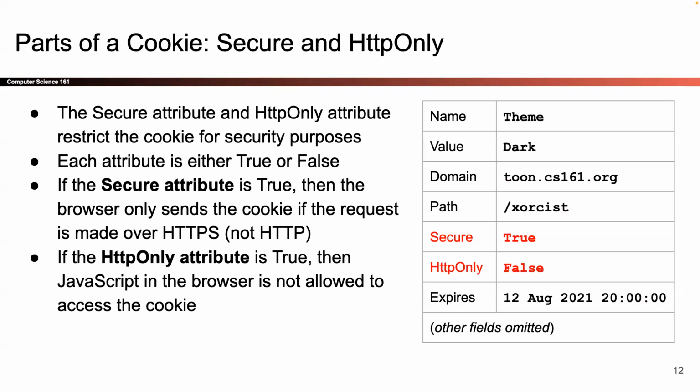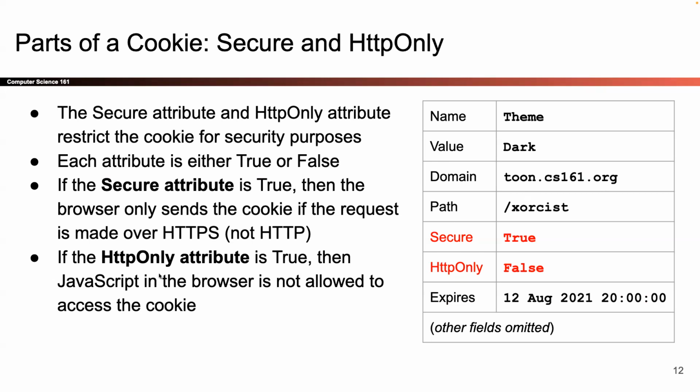The ones that we care about are HTTP and HTTPS, the secure version. So if you set the secure attribute to true, as the browser digs through and looks for all the relevant cookies, the browser is going to say, okay, this cookie is tagged secure, so I'm only going to send it if the request in question is an HTTPS request, encrypted with cryptography over the network. And if it's HTTP, I will refuse to send this cookie.